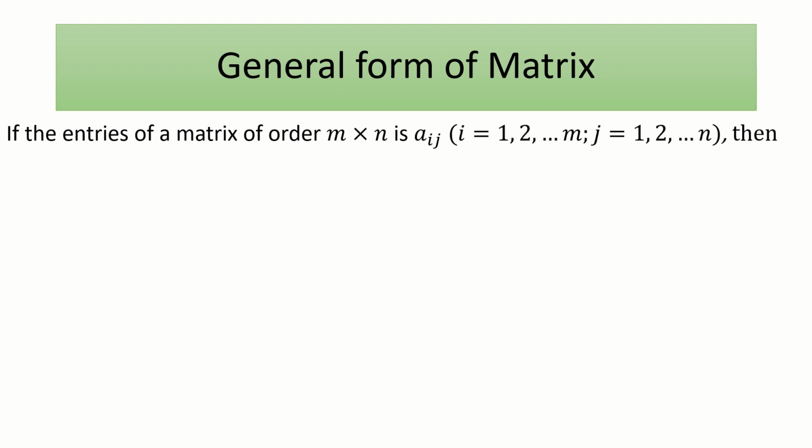Similarly, when i is equal to 2 and j is equal to 2, the position of the entry will be second row and second column.